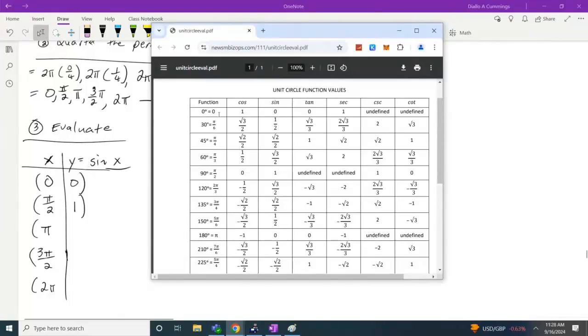I would find 0 radians, locate the sine, and it would be 0. In order to evaluate the sine of pi over 2, I can find pi over 2, which is 90 degrees. The sine of pi over 2 is 1. I can find the sine of pi. Remember that pi is 180 degrees, so the sine of pi is 0.